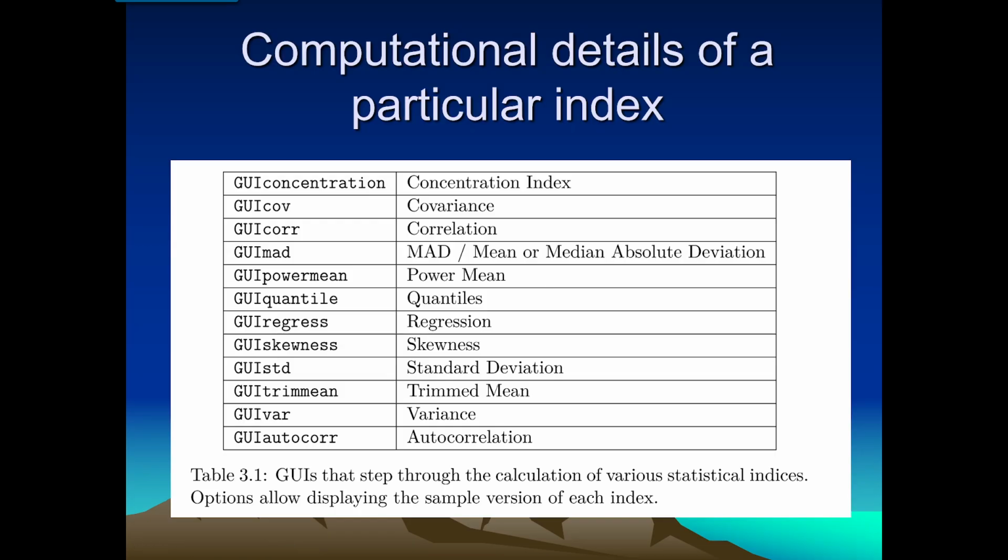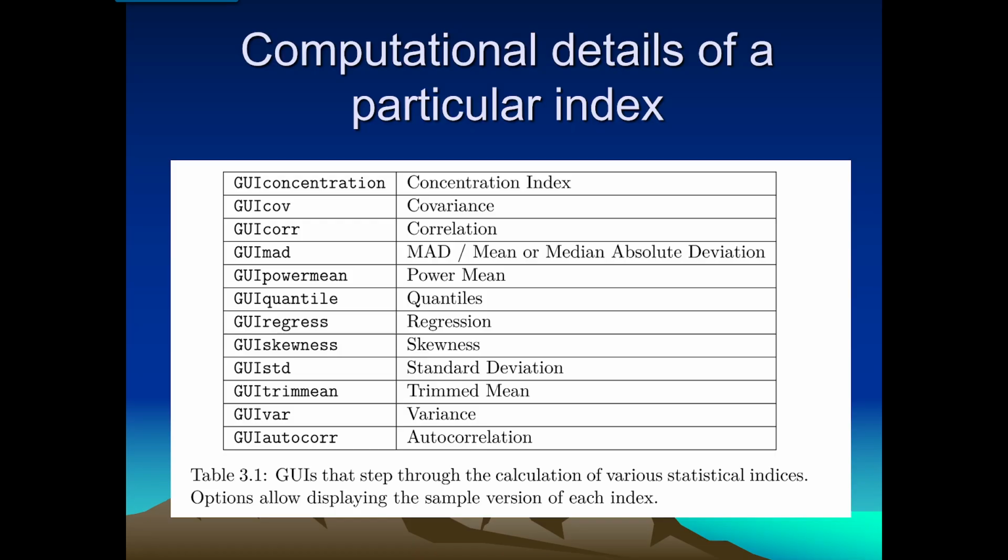Before moving on, suppose that you do not remember how the MAD is computed. You know what the MAD is: the median absolute deviation from the median, a robust measure of dispersion. But suppose you don't remember how it is computed.